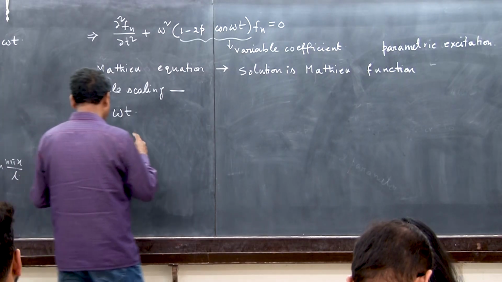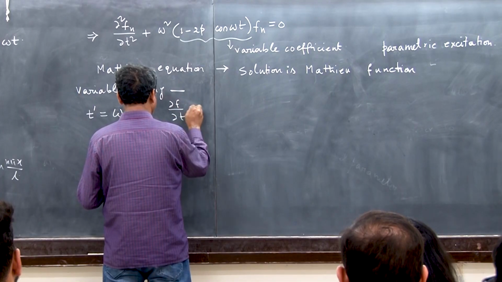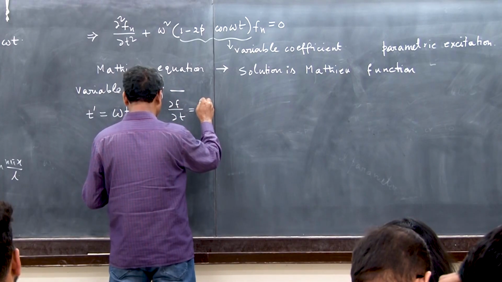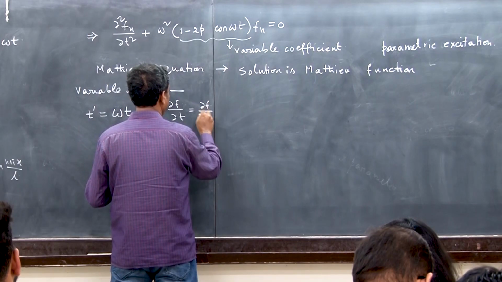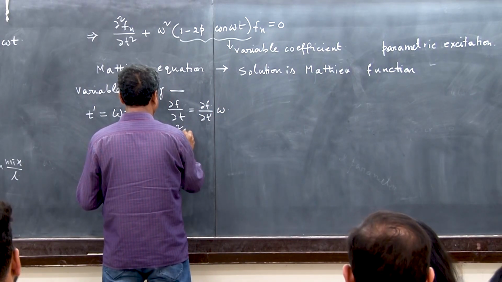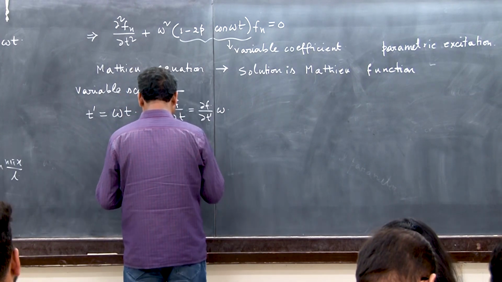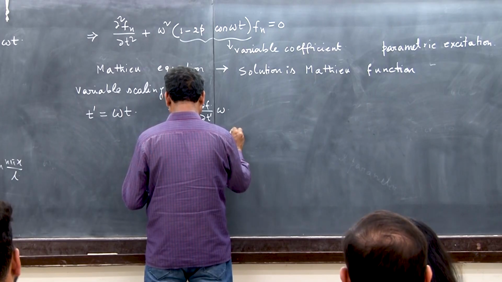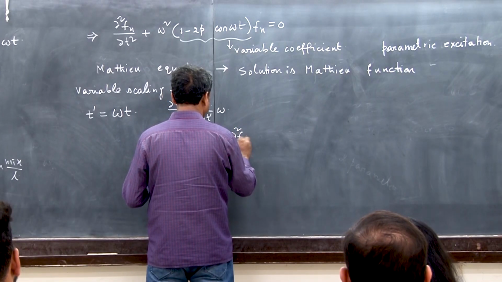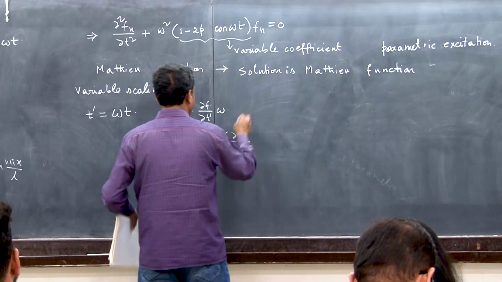Then with this you can write del f del t, following the chain rule of differentiation, as del f del t dot times omega, and del 2f del t2 is omega square del 2f del t dot square.